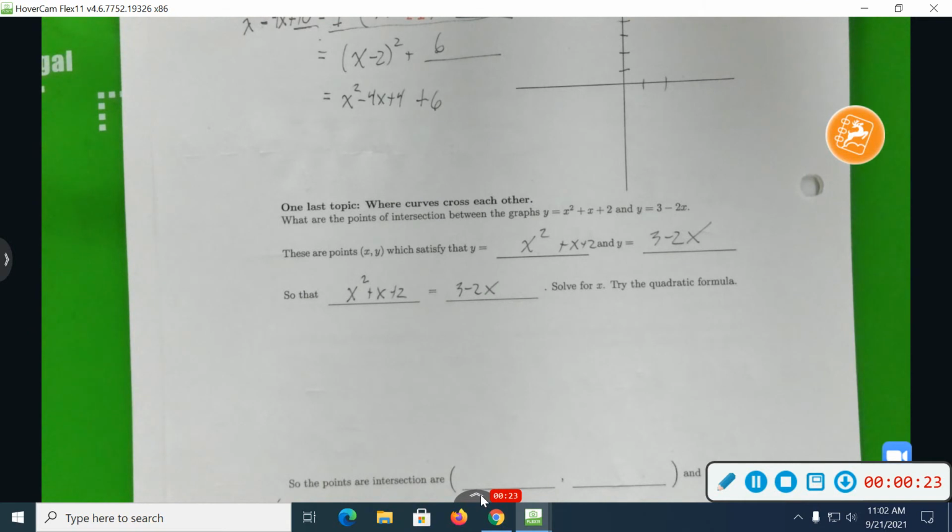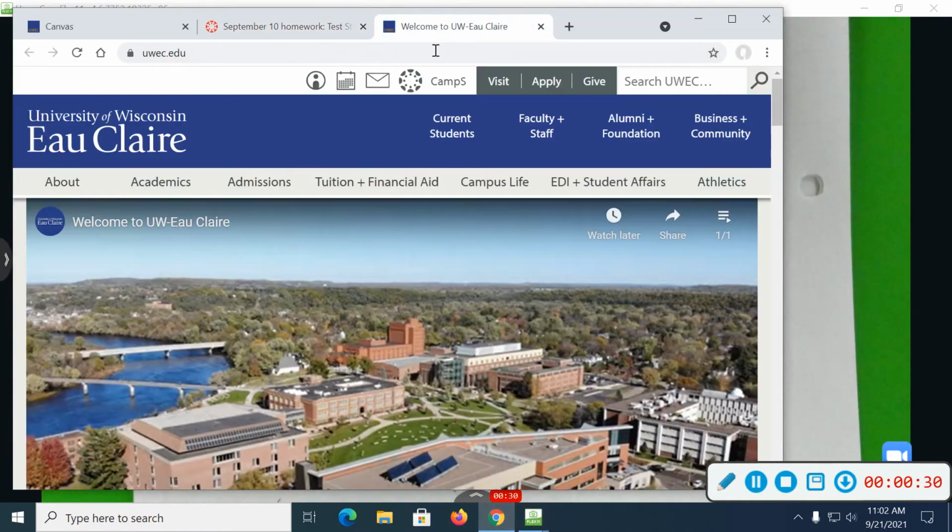That'll be a parabola. In fact, maybe it's all seeing these two things as graphs.